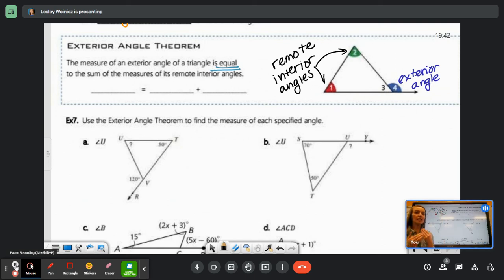What this is saying is that the sum of the remote interior angles equals the measure of the exterior angle.